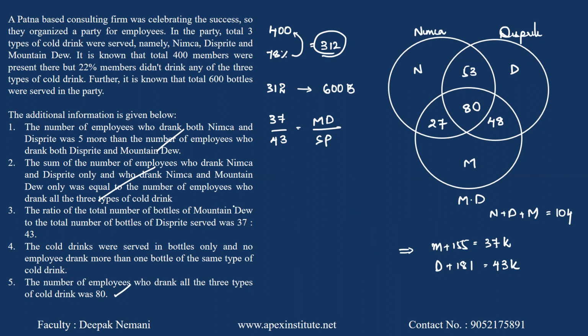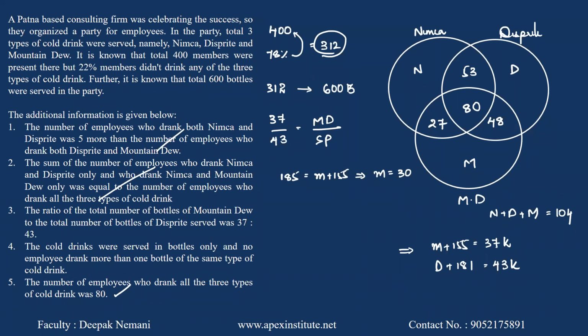So let me take the value of k as 5. If I consider k as 5, 37 into 5 is 185. 185 is equal to m plus 155. This implies m is equal to 30.